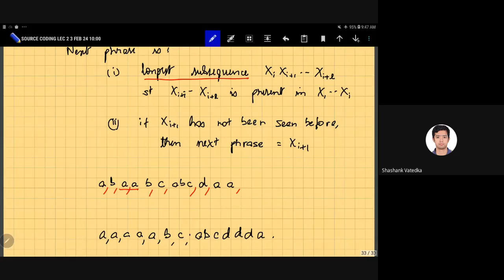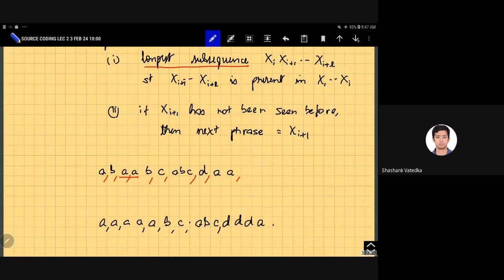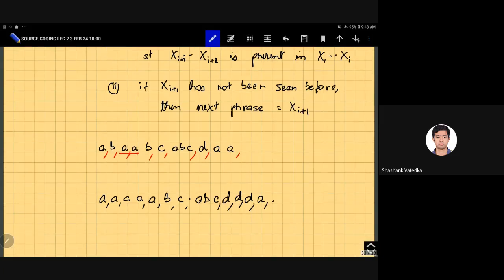So the next phrase is ABC. The next phrase is D. The next phrase is D. The next phrase, D again. And the next phrase is A. Okay, so this is what we would get if we partition the sequence into phrases using the LZ77 rule.